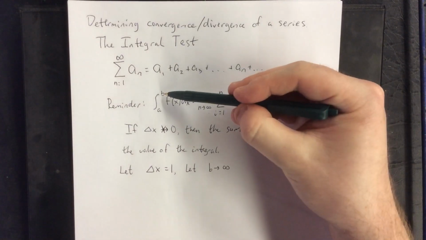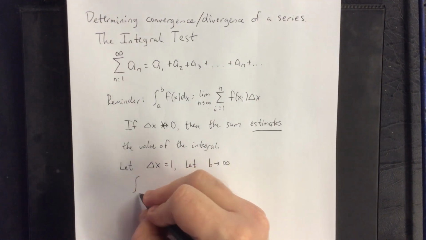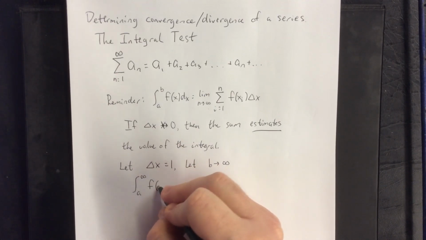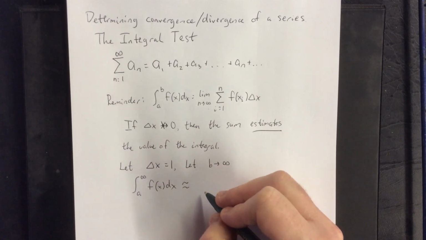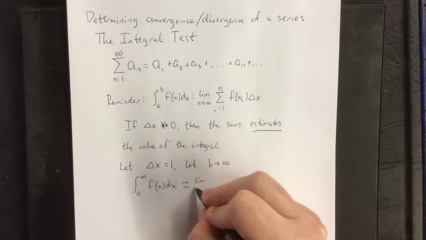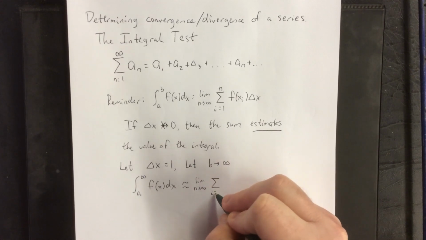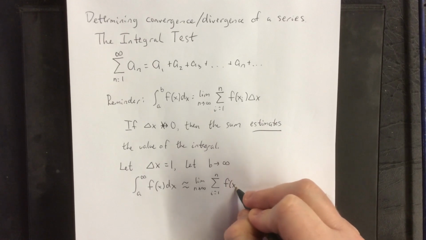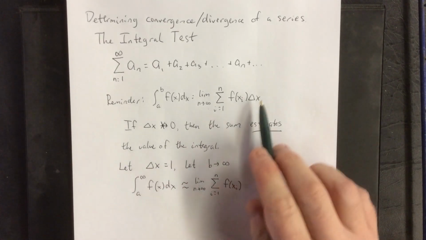That is, for the improper integral over here, we'll just let that go on forever. And that means that the improper integral from a to infinity of f of x dx will be approximately equal to the limit as n goes to infinity of the sum from i equals 1 to n of f of x sub i. Now again, we let delta x be equal to 1.